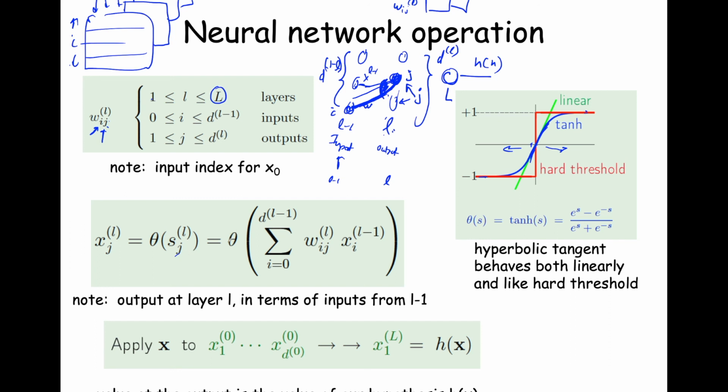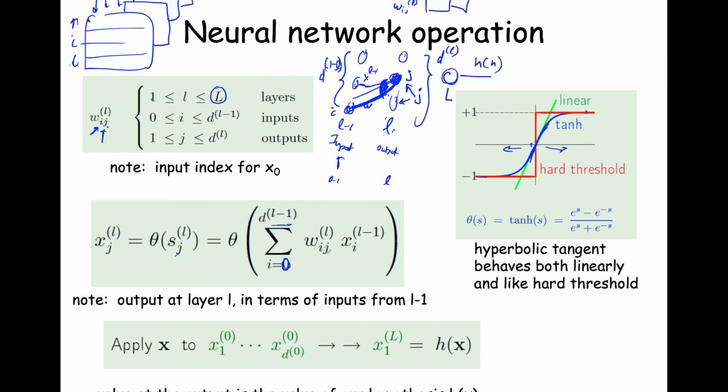And if we expand out what that score is, that's just the sum. For input 0, that's going to be our dummy variable, x0, the bias term. I goes from 0 to the dimensionality of the input layer, which is the layer preceding layer L, layer L minus 1, that's the dimensionality of all the input nodes.